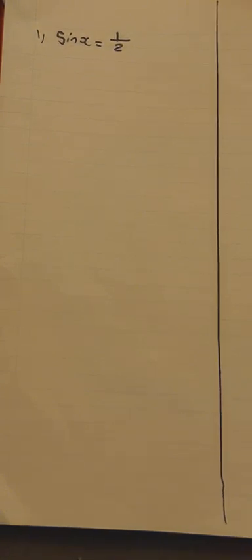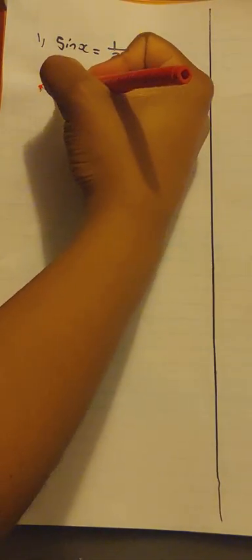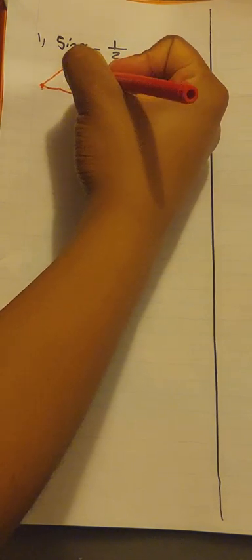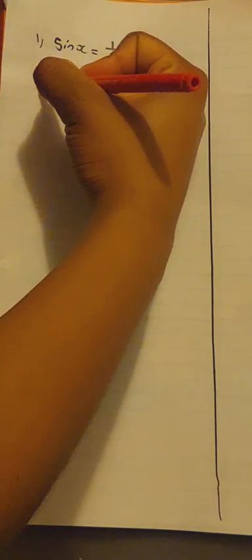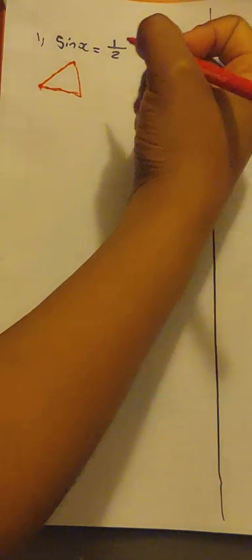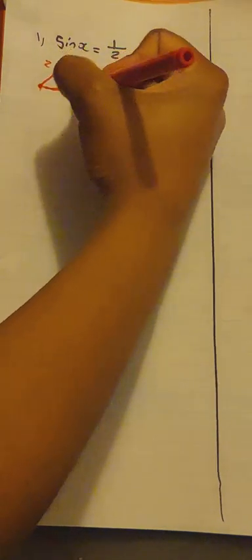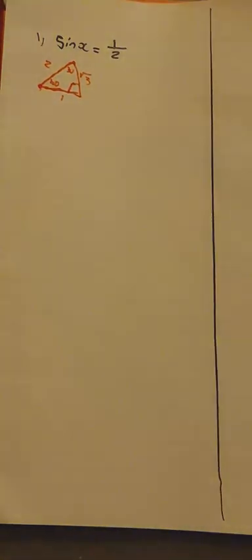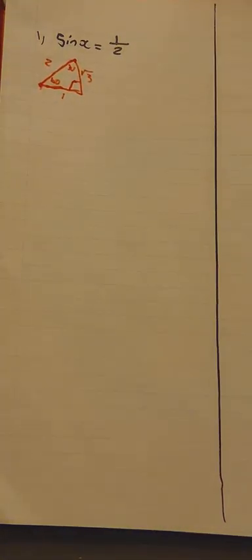The first thing you do when you see this is remember your triangle, the one that has 2 here, and has this and this. It's a 30, 60, 90 triangle.